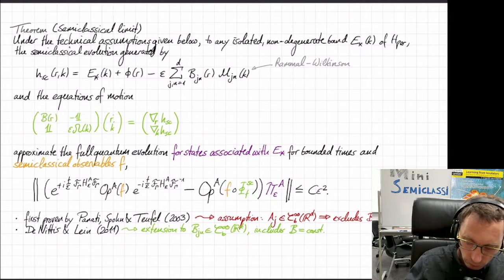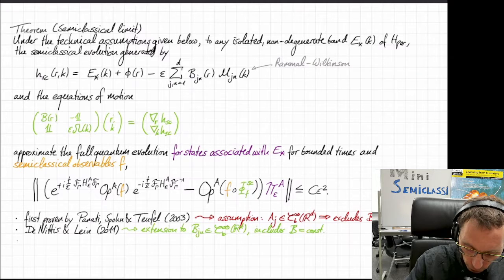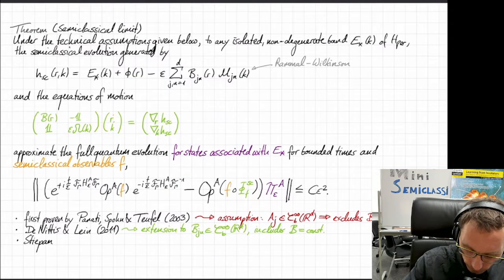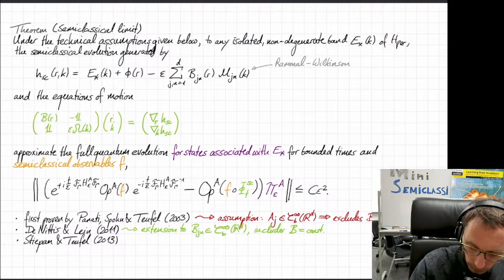And then I think another worthwhile addition was the work by Stiepan and Teufel in 2013. Here the important contribution was that they could extend it to strong constant magnetic fields, where the so-called Bloch bundle is non-trivial.